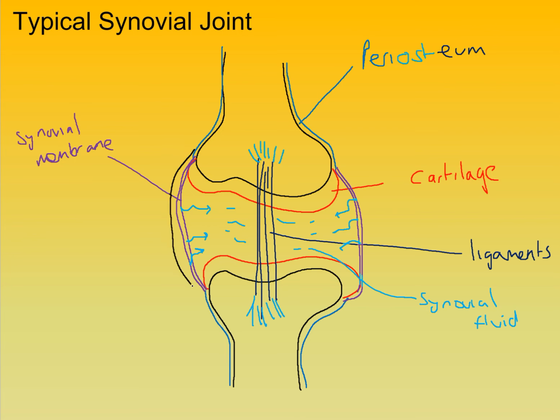We also have an outer layer of this capsule, and that's kind of fibrous, that's called the fibrous layer. And the fibrous layer gives the synovial joint some structure and some protection. It makes it seal the joint in.